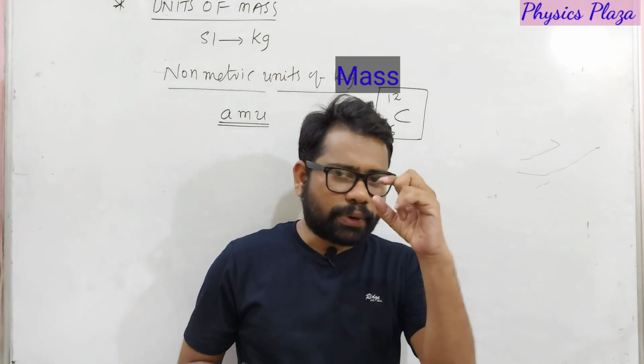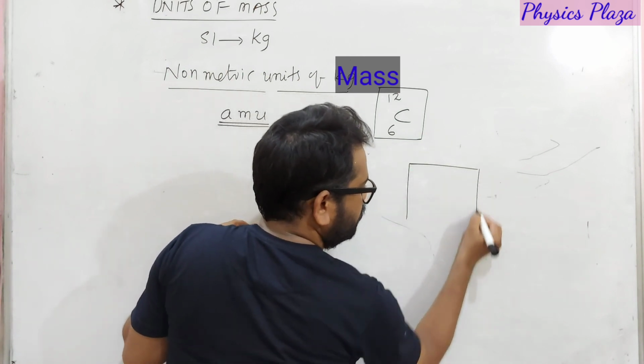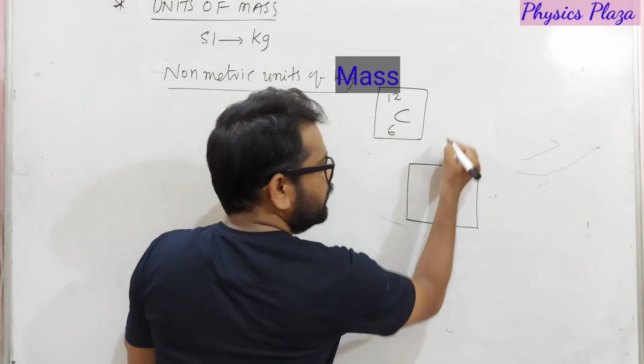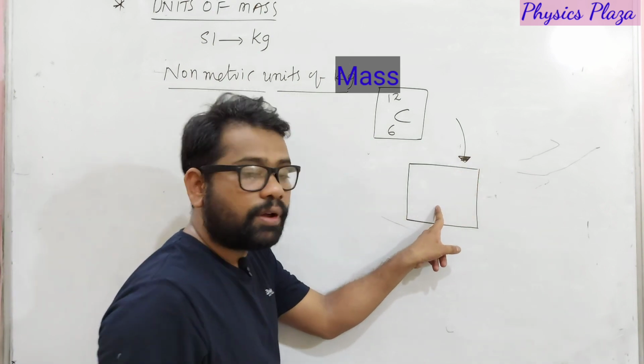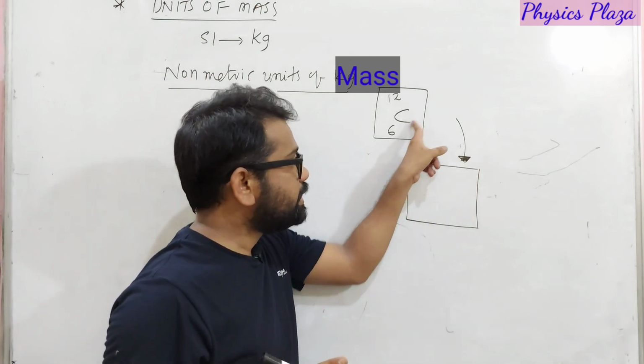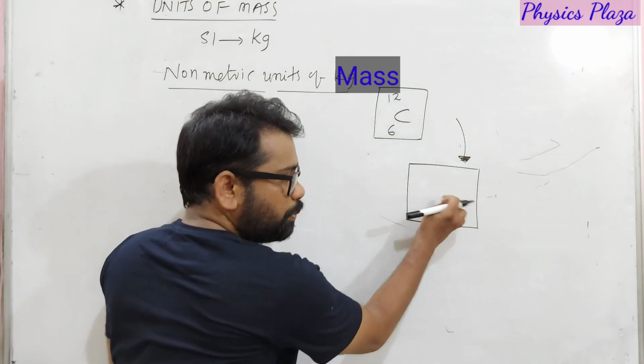That 1 atom of carbon has some mass, right? For the sake of convenience, let us say this is the mass of 1 carbon, the mass of C-12. Now this mass is there, right?